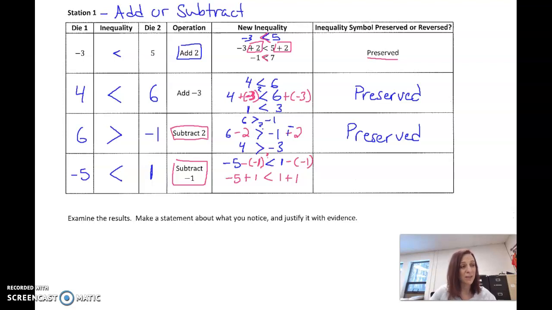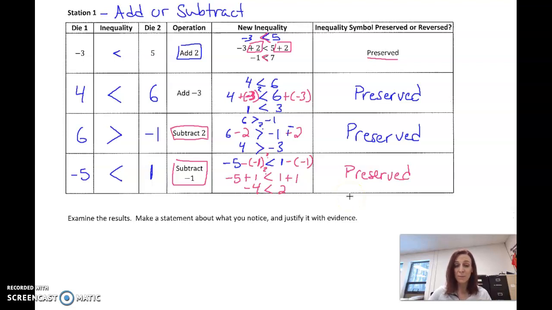Subtracting a negative 1 is the same thing as adding 1. Okay, so if I add negative 5 and 1, and again, I'm wondering if my inequality is preserved, negative 5 plus 1 is a negative 4. 1 plus 1 is 2. Is negative 4 less than 2? It is. So again, we can say it's preserved.